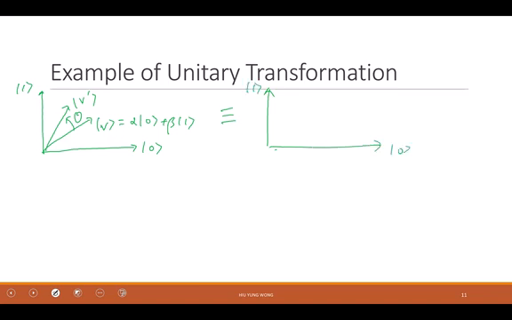I have this coordinate, and V equals alpha 0 plus beta 1. Now, if I rotate the coordinate, it becomes 1 dash and 0 dash by theta in the other direction.